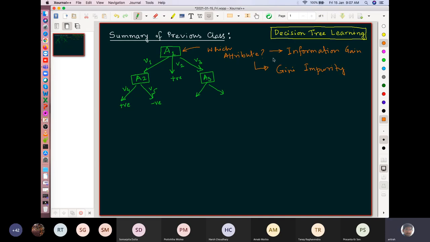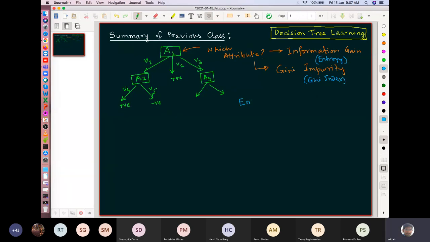However, we need to differentiate whether the attribute we are taking as the best attribute is splitting the space of our decisions to a greater extent. That is our only concern. And we have also seen that information gain builds upon a concept called entropy, and Gini impurity builds upon the concept we call the Gini index.